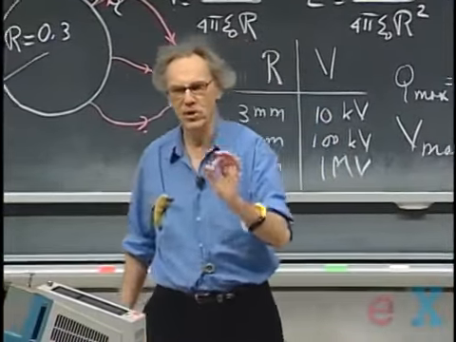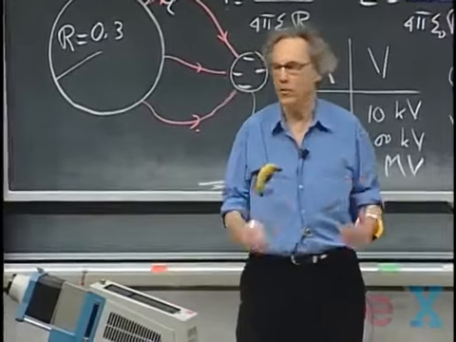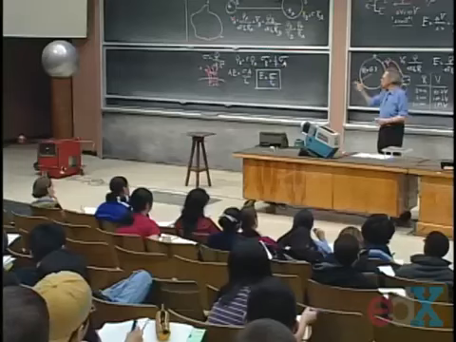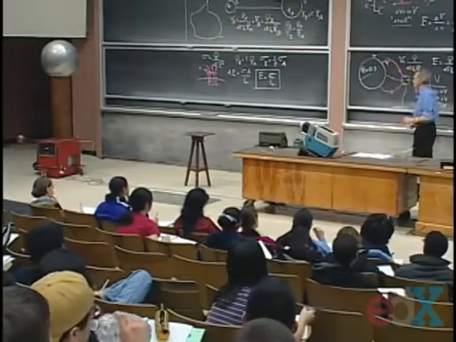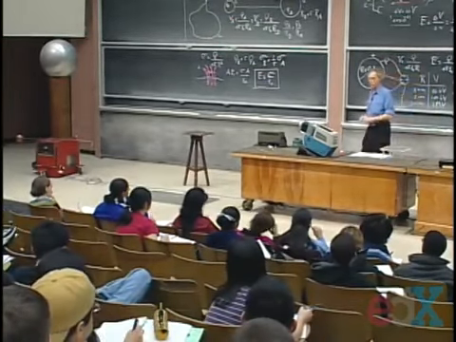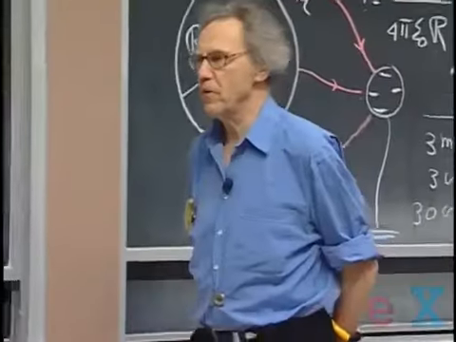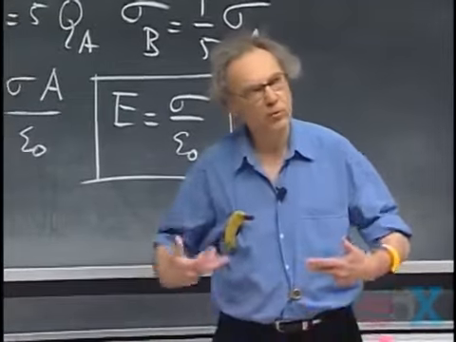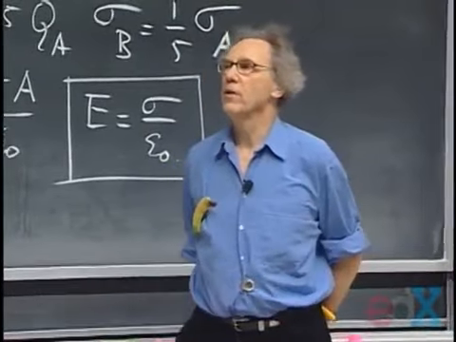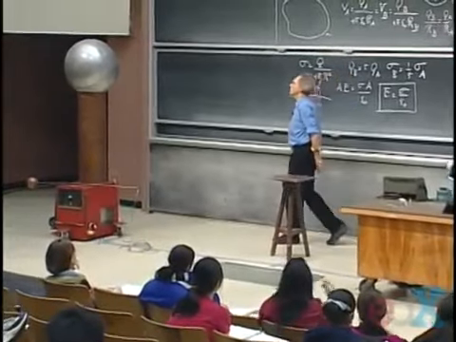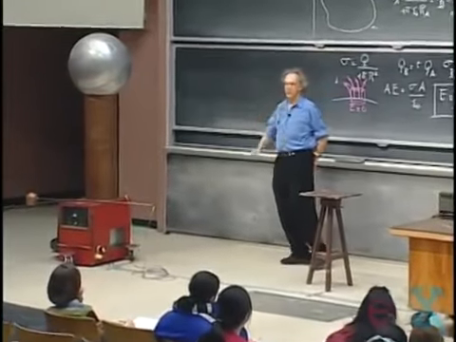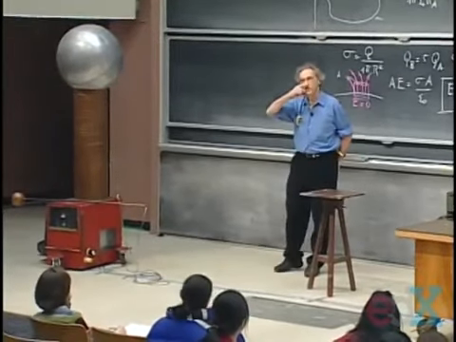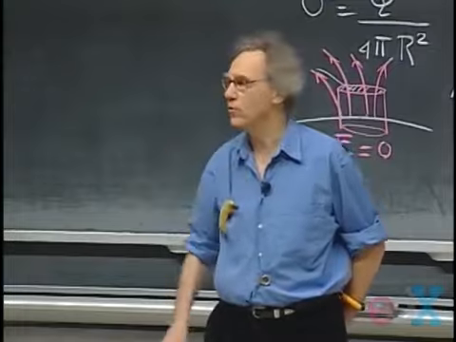But I want you to appreciate a little bit more about the sparks before I demonstrate that, so you get a little bit more out of it. If I approach the Van de Graaff not with the sphere, but I would walk to the Van de Graaff being very courageous like this, I'm also a pretty good conductor, I'm also connected with the Earth, then the chances are that the spark would develop first between my nose and the Van de Graaff, because that is the sharpest curvature, the smallest radius.